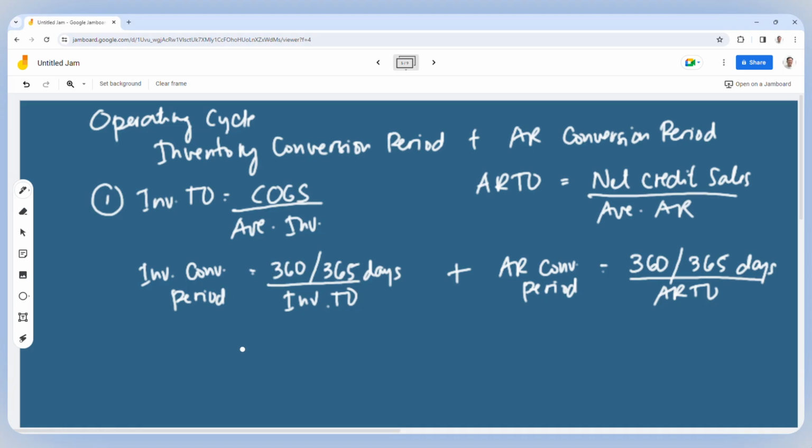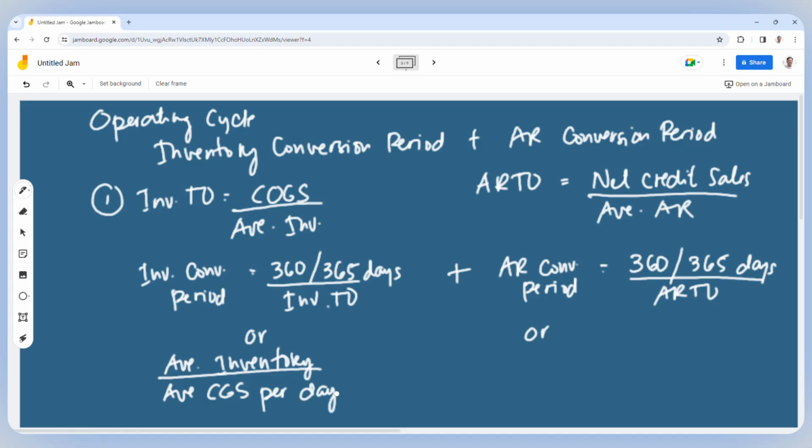There is another formula, class. Another formula for inventory conversion is average inventory divided by your average cost of goods sold per day.